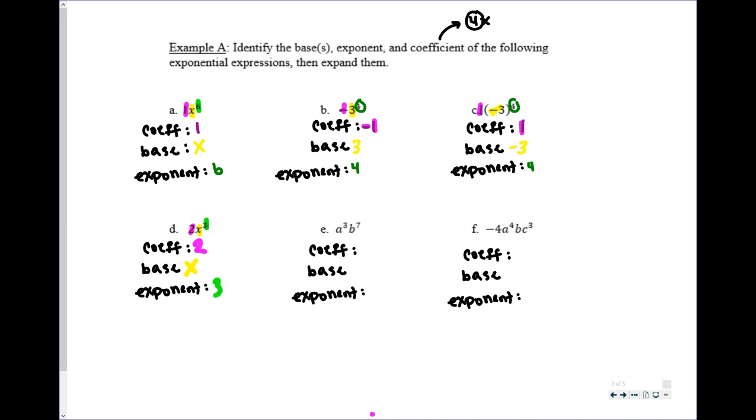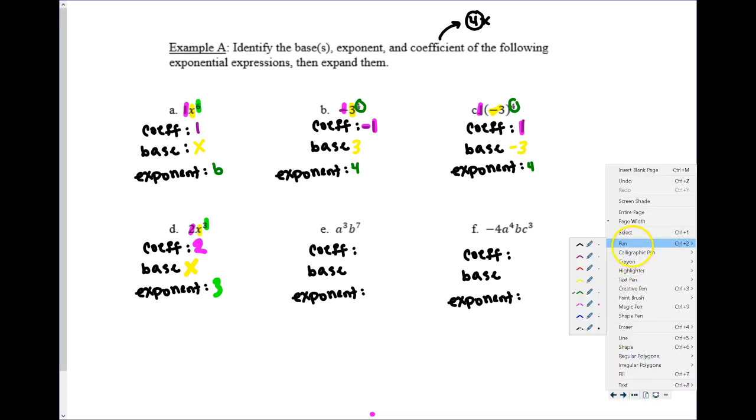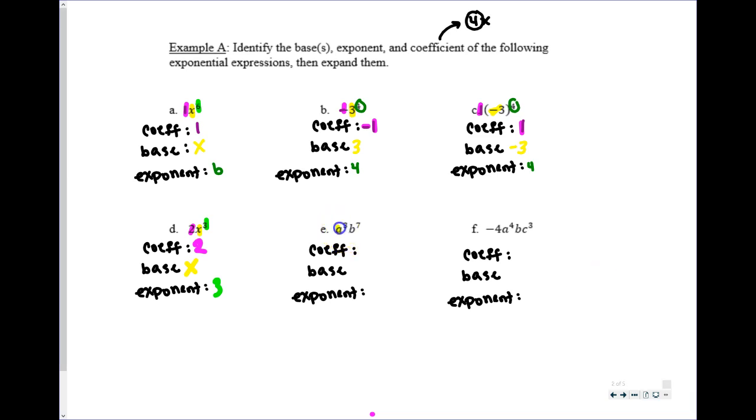Letter E actually has 2 different bases. We've got an A base and a B base. Sometimes terms can have multiple bases. So there's my one base and there's my other. I have a base of A and a base of B. Those are not just one base.